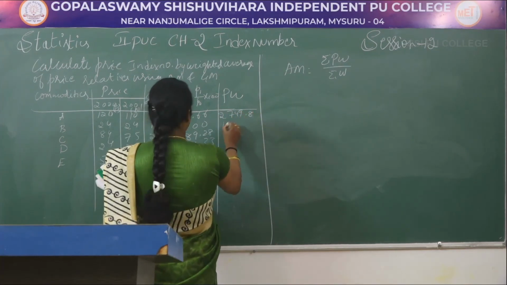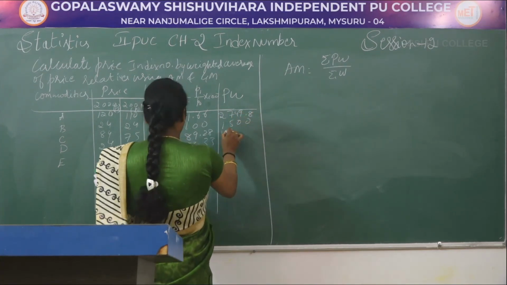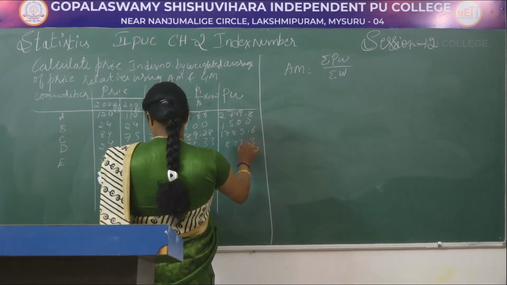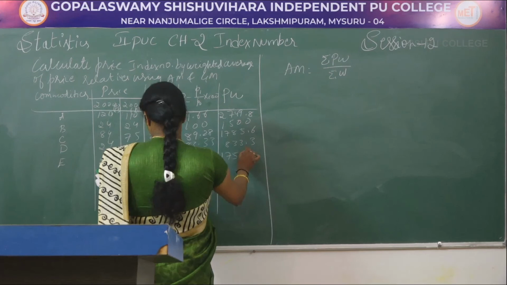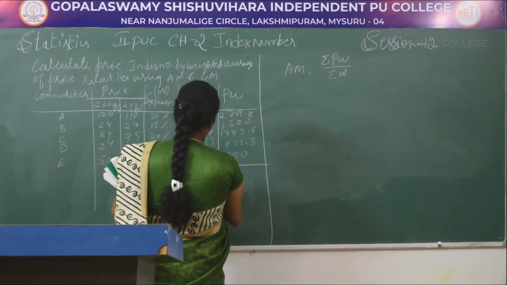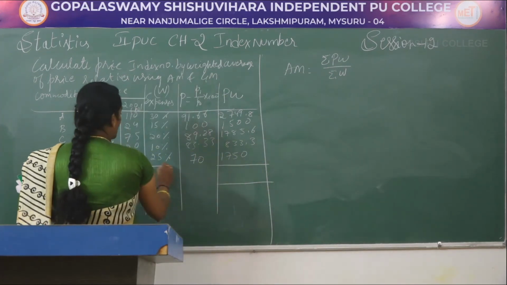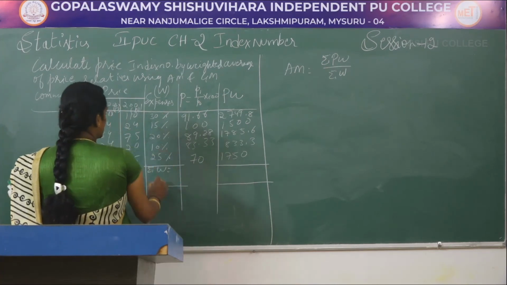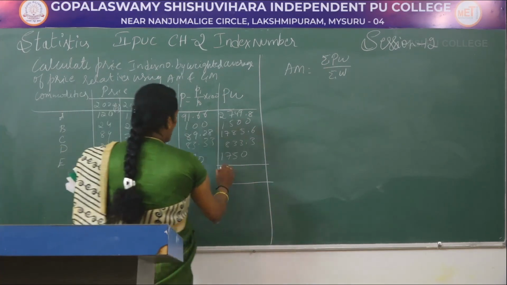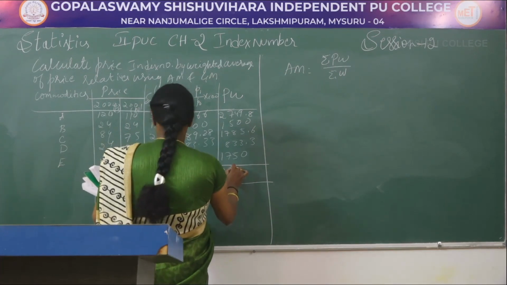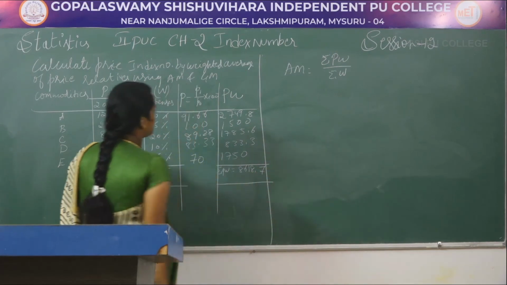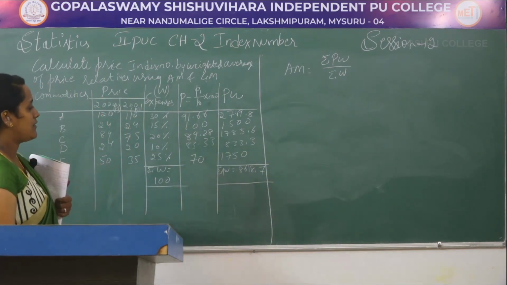It is 2749.8, 1500, 1785.6, 833.3, 1750. And now I am taking the summation of this, and here also we have to take the summation W. By adding, summation W is 100, and summation of PW is equal to 8618.7.